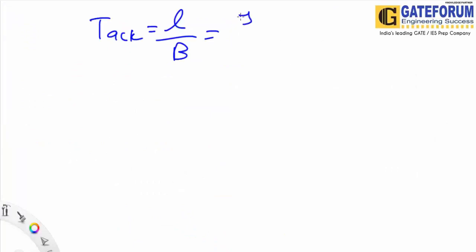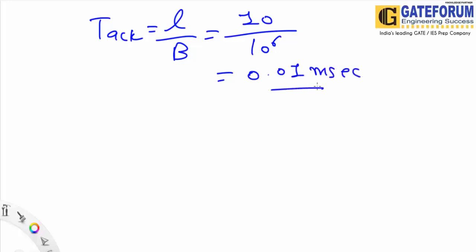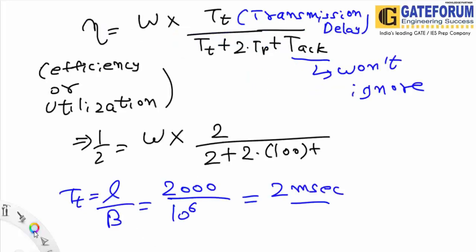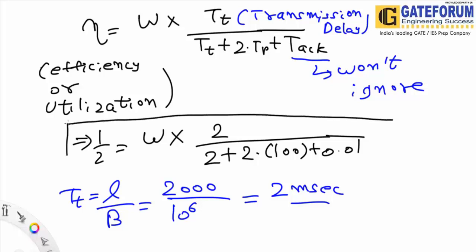So it is 10 bits upon 10 raised to 6. In milliseconds, I will get the value 0.01 milliseconds. This is the value I need to put here, plus 0.01. This is the actual formula.